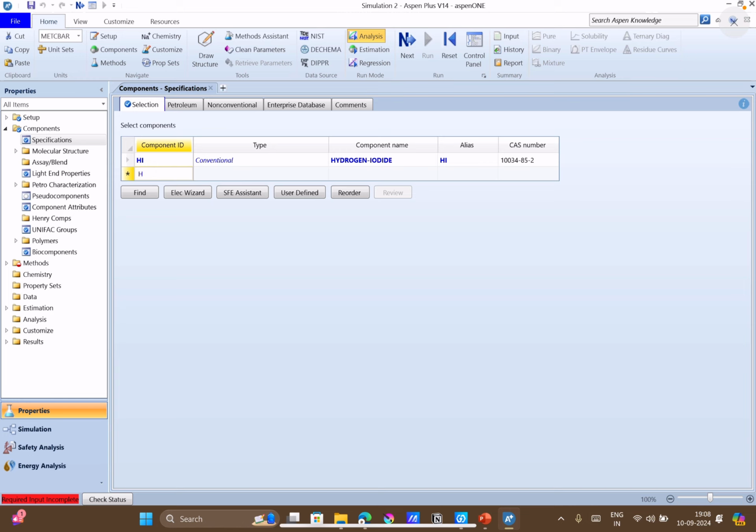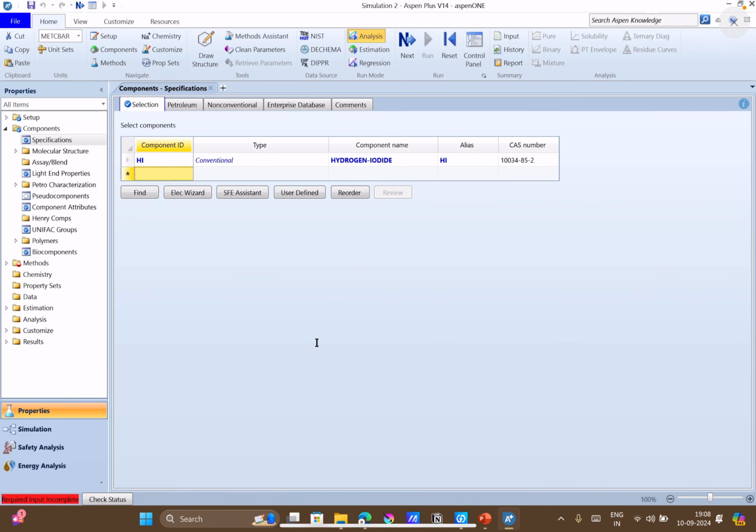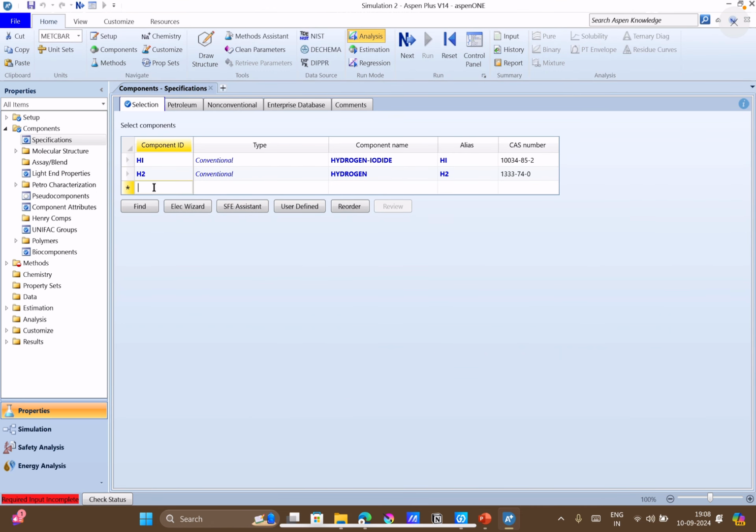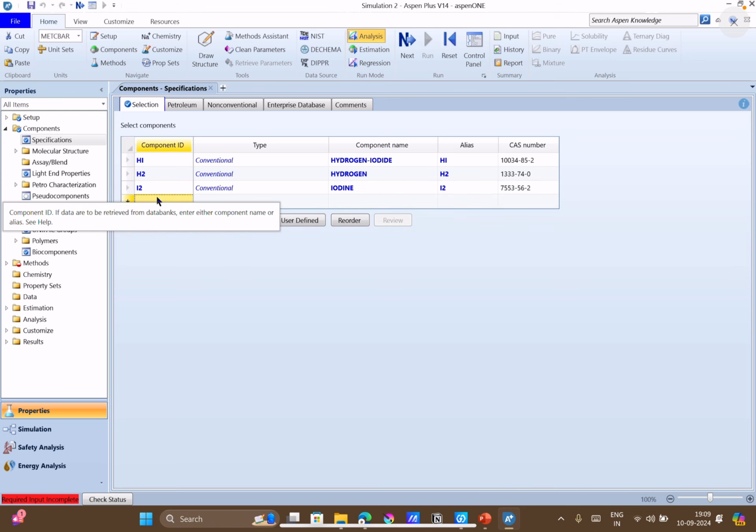Then we have hydrogen, iodine, and then last we have water.